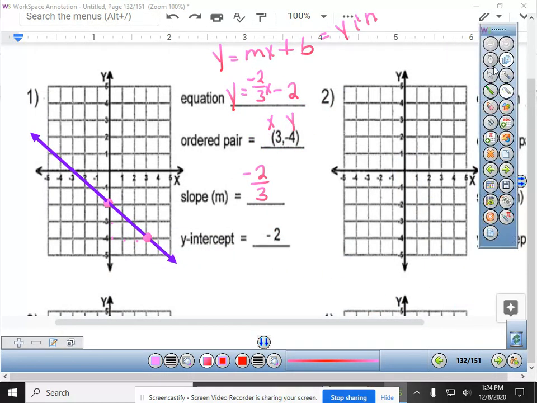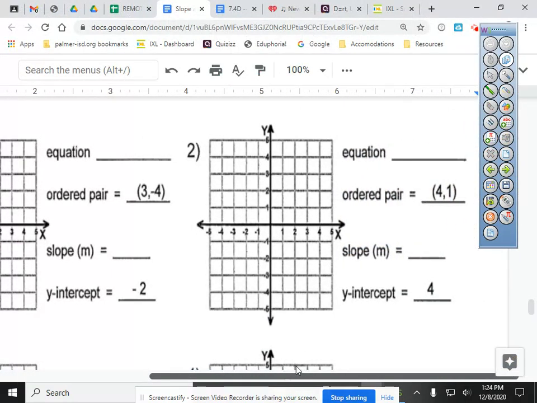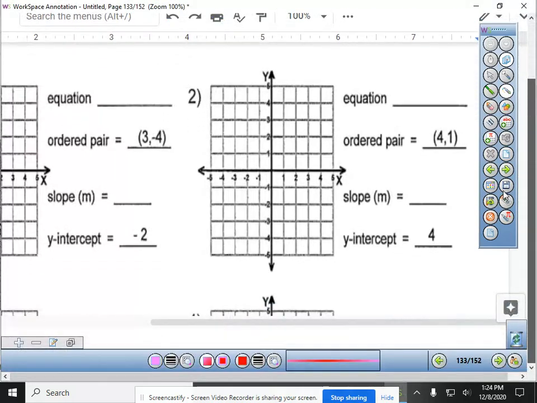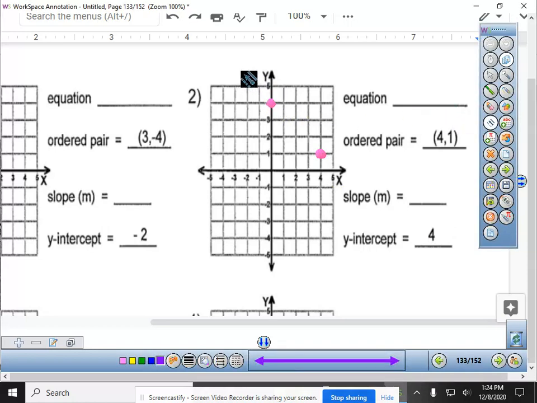So let's look at number 2. First, you're going to graph the ordered pair. Remember, this is back to the old way, the way you know how. So 4, 1. Put your dot. What is your y-intercept? 4. Put a dot. Draw the line. If you don't have a handy-dandy ruler at home, you can use your ID or any straight edge.